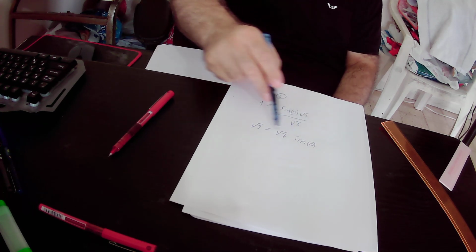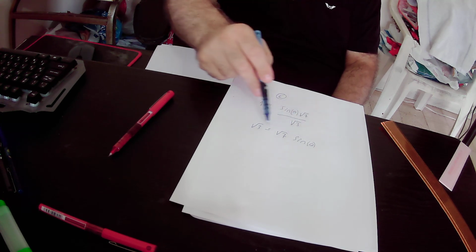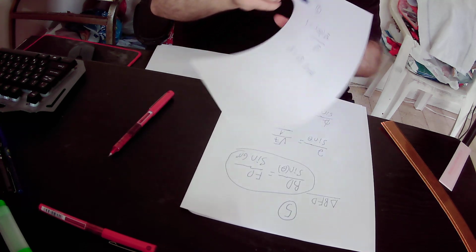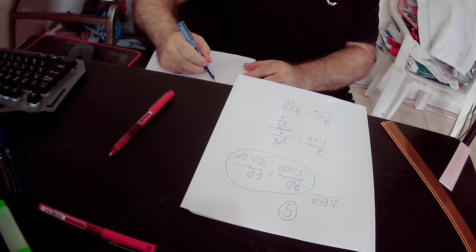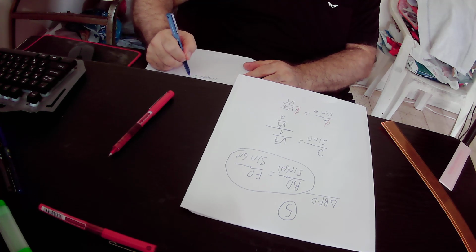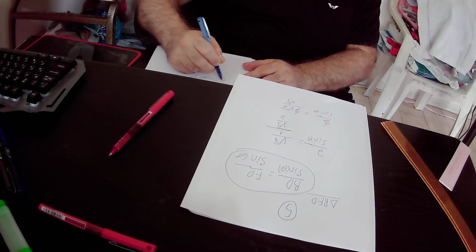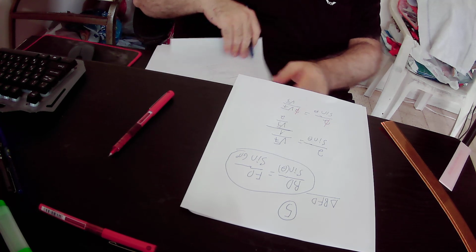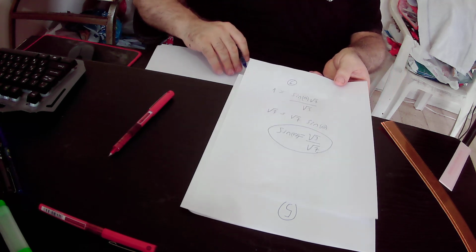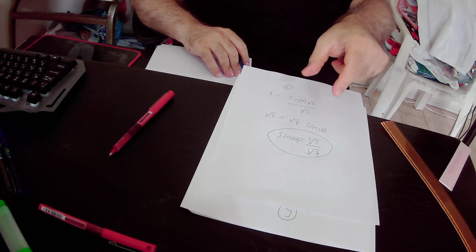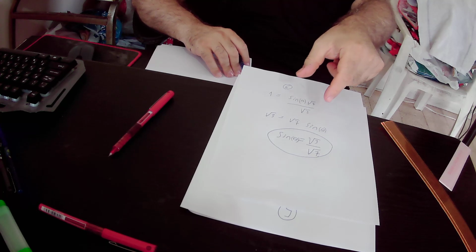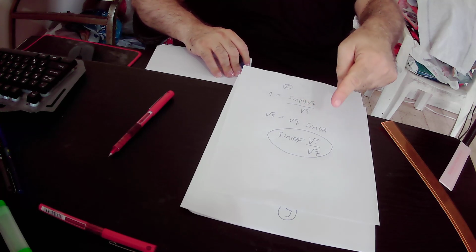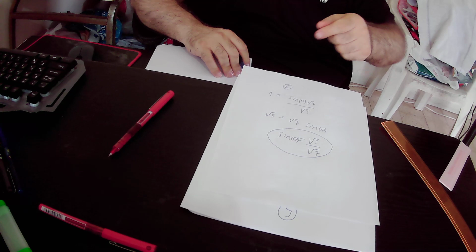We will divide this equality by root 7 and we will get the value of sine theta. Sine theta equals root 3 over root 7.